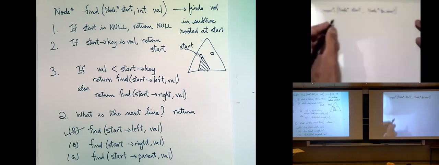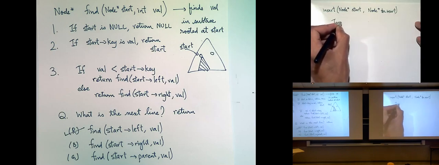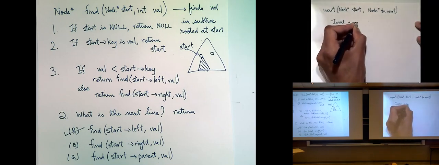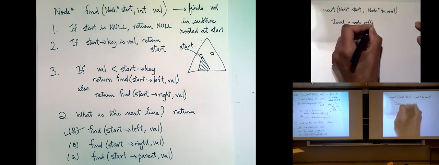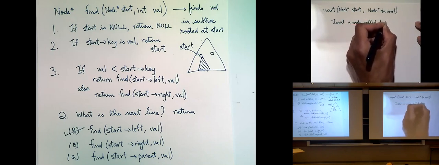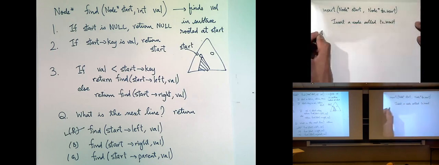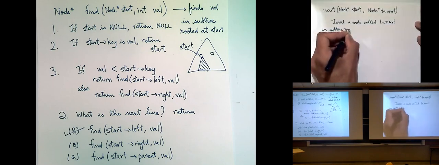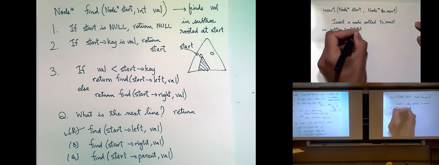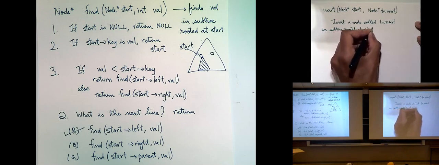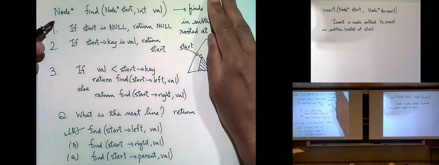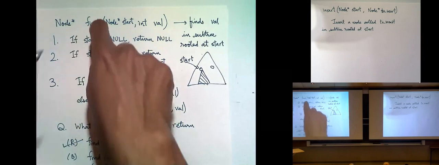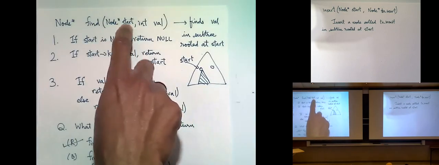So this is going to insert a node called toInsert in the subtree rooted at start. Oh, I forgot to say something. So this is the procedure to find in the subtree rooted at start.